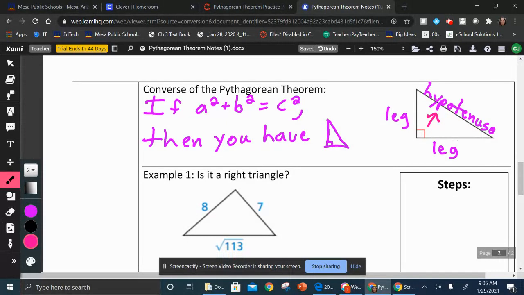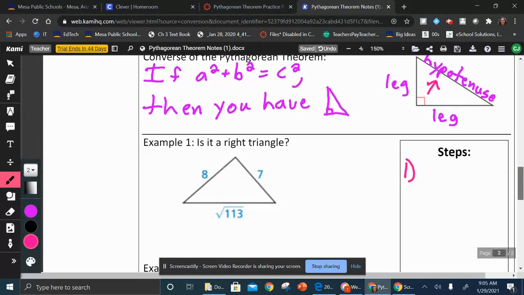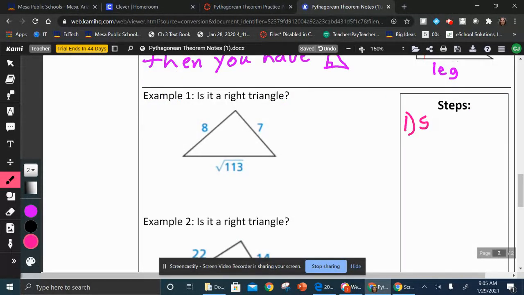Okay, so let's look at this one. Is it a right triangle? Our steps for this, everybody, are that we square all sides. We're going to add the two smallest sides.